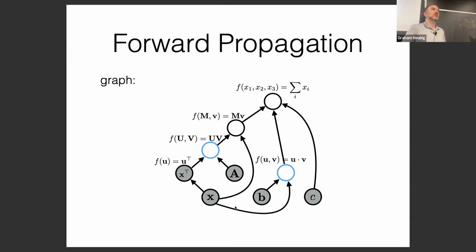Now we can calculate either of the blue ones. We calculate that one, that one, that one, and then we're done, basically. Another thing is you actually can calculate both of these at the same time. This can be parallelized, and a lot of neural network toolkits are actually doing that under the hood if you let them.